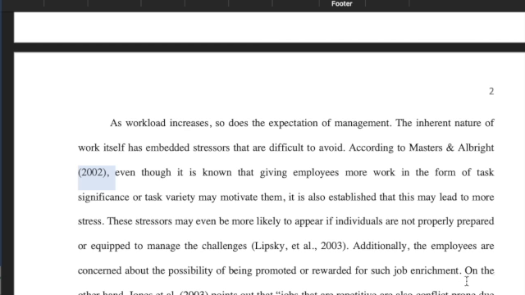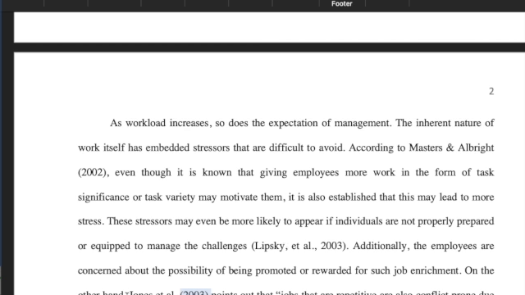Now, let's go a little bit further. Here it says, on the other hand, Jones et al., and then we have the year again. Notice, even though we're talking about et al., we still do not include everything in this parenthesis because we're not writing this sentence the same way this one is written.